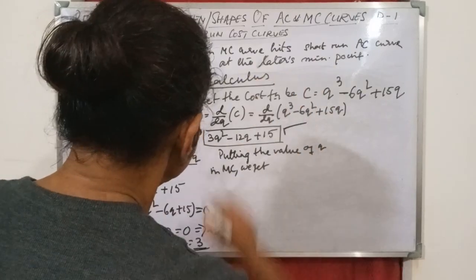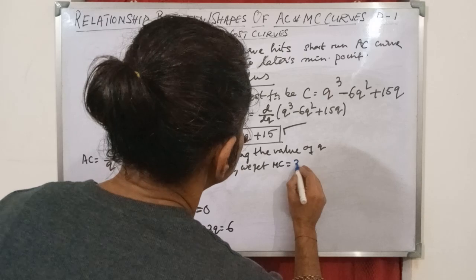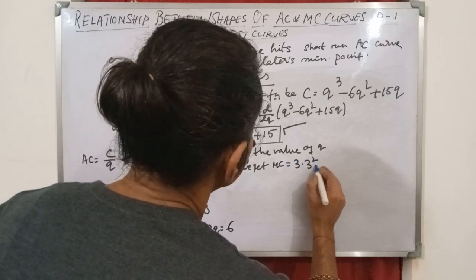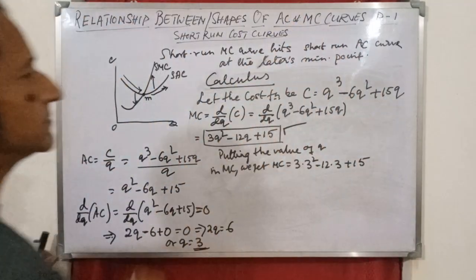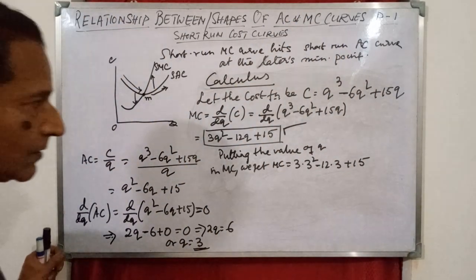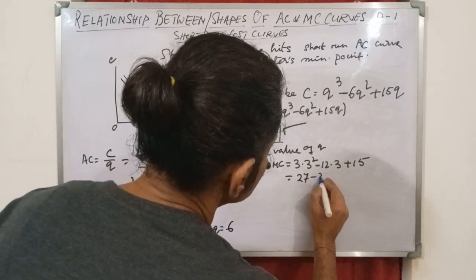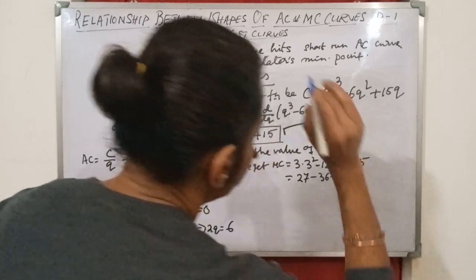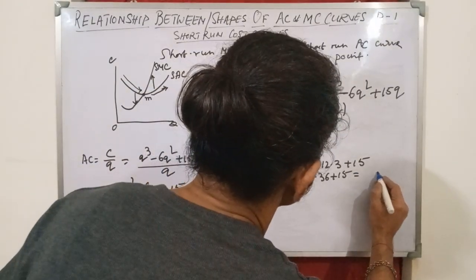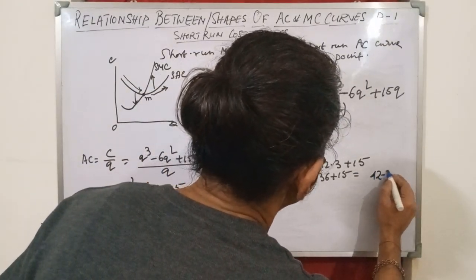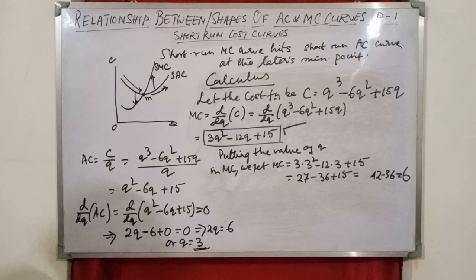This is the marginal cost equation. So we get MC equals 3 into 3 square minus 12 into 3 plus 15, which is equal to 27 minus 36 plus 15. That is 27 plus 15 is 42 minus 36 equals 6. So the marginal cost is 6.